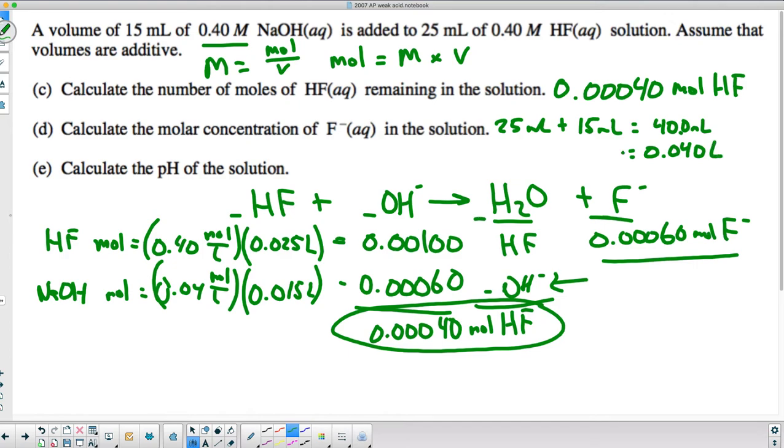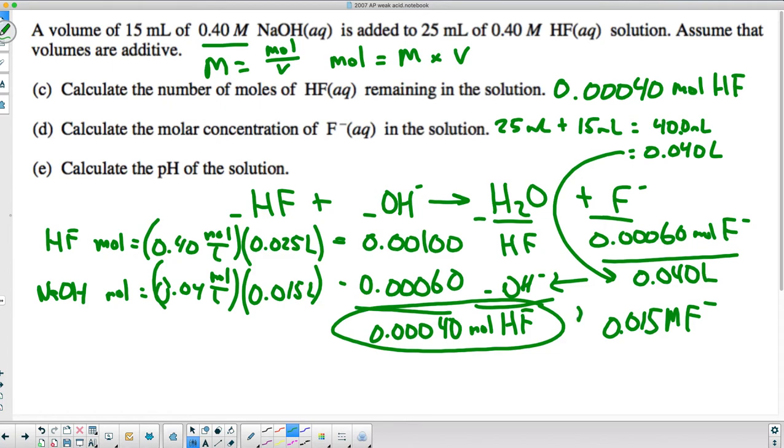So I simply take this, 0.040 liters, like that. The 0.0006, so let's do that, divided by 0.04, and that gives me 0.015 molar concentration of F minus.